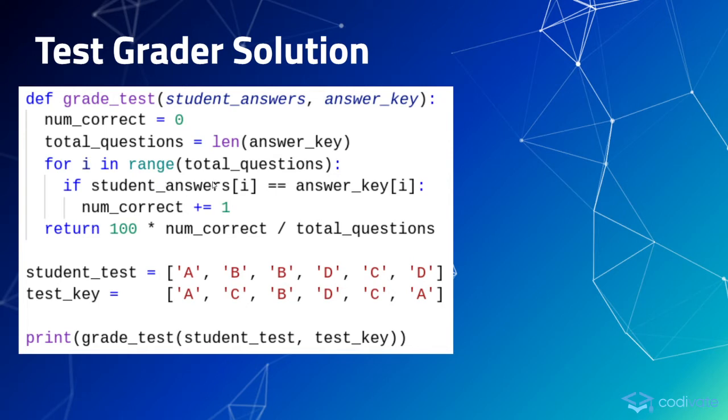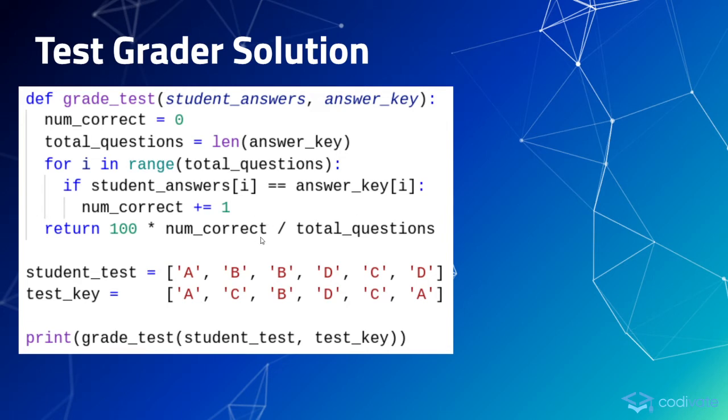Once we're done, we have to calculate and return the percentage grade. So the percentage grade would be 100 times numCorrect divided by total questions. So why do we do 100 times? Let's take a look at what happens if we do just numCorrect divided by total questions. For example, let's say we got 1 out of 2.